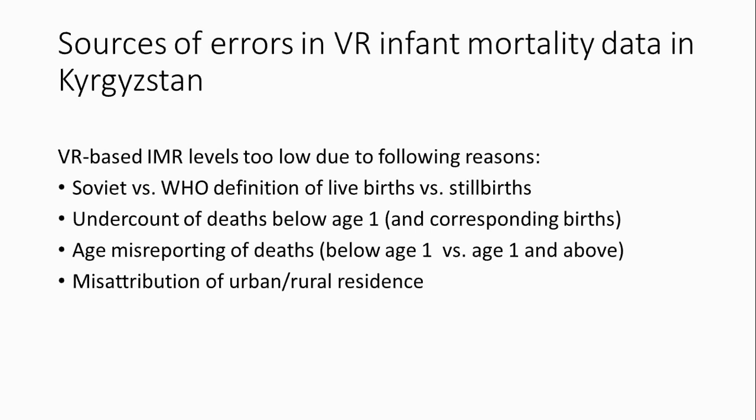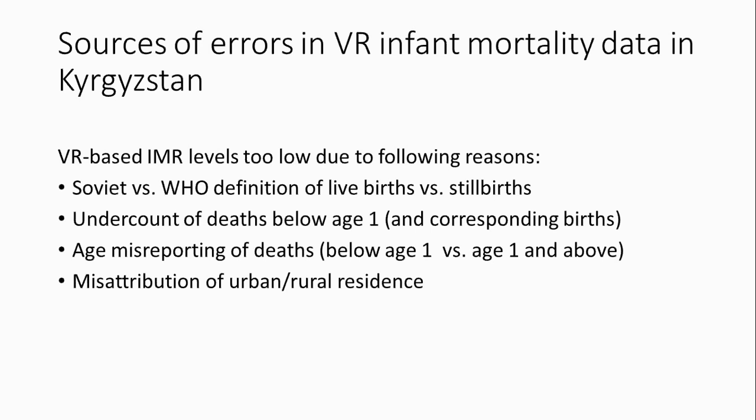This really came as quite a shock at the time, because this was the first time these kinds of surveys were done, and the National Statistical Office really reacted quite shocked back in the 1990s. The VR-based infant mortality rates are too low for the following reasons.